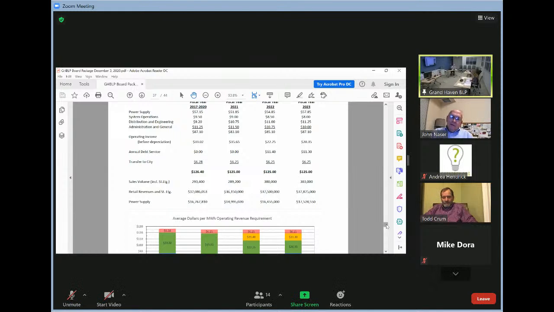But the revenue requirement in total is not anticipated to change so much next year. Now, we might reallocate a little bit. We might change from industrial to commercial. We might move dollars around, but that total 12.5 cents a kilowatt hour or $125 a megawatt hour is not going to change much. And we anticipate living within our budget.